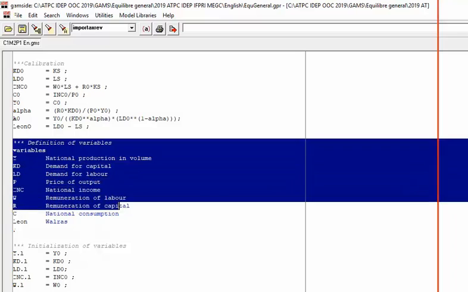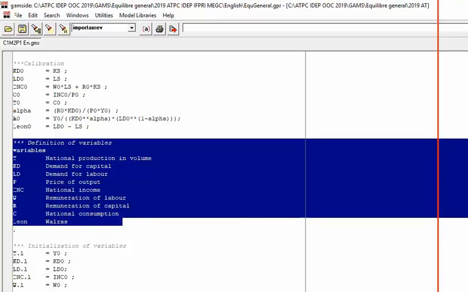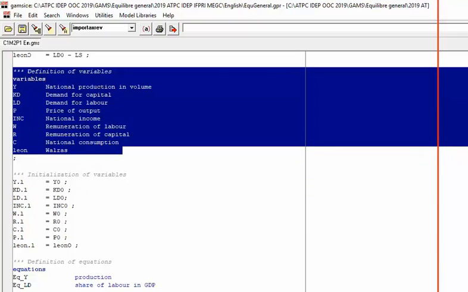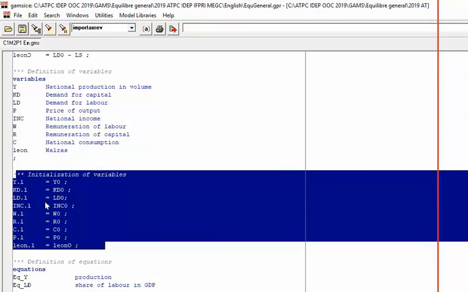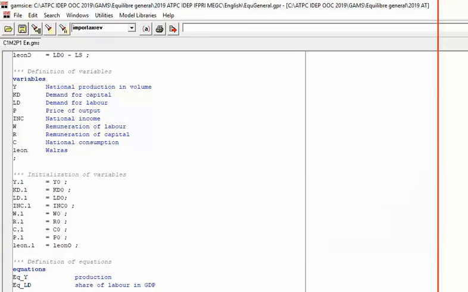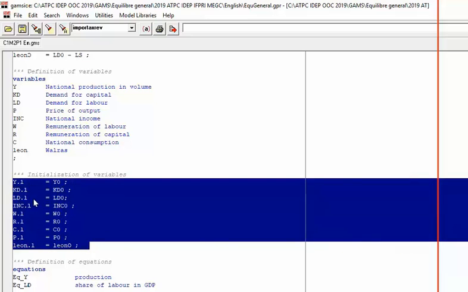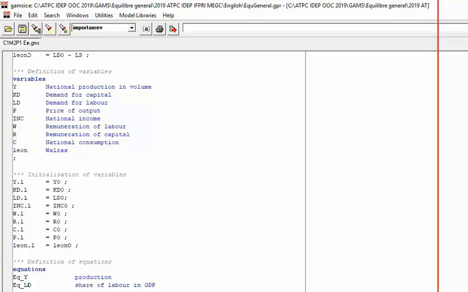Then you declare variables. Then you initialize each variable. It means that you give a value at this stage of the program, so each variable has a value which is its initial value.